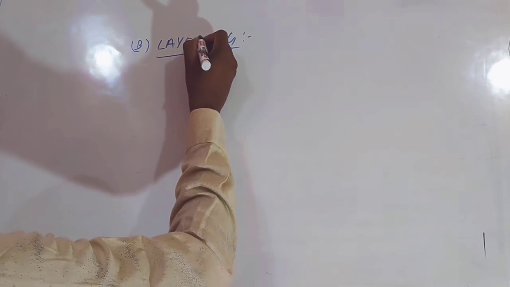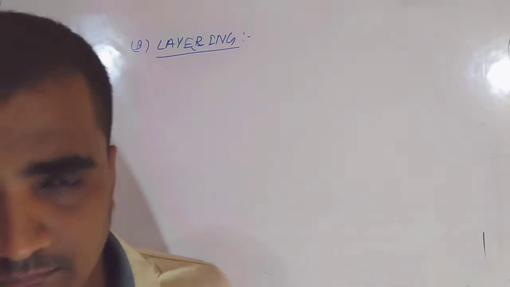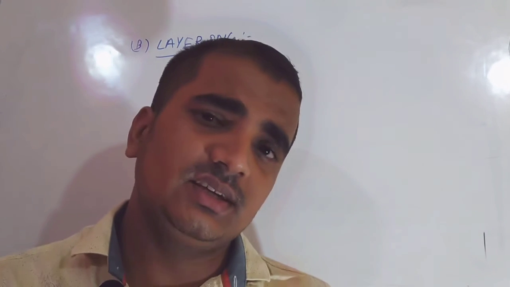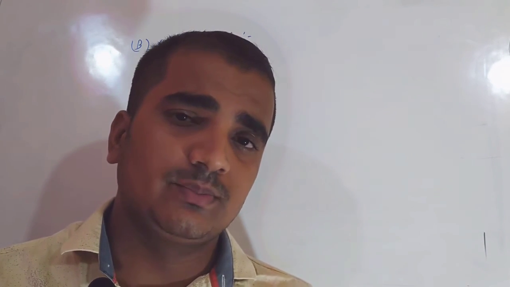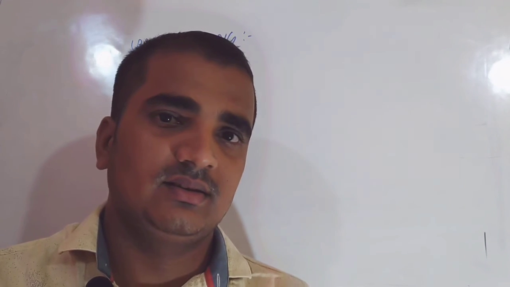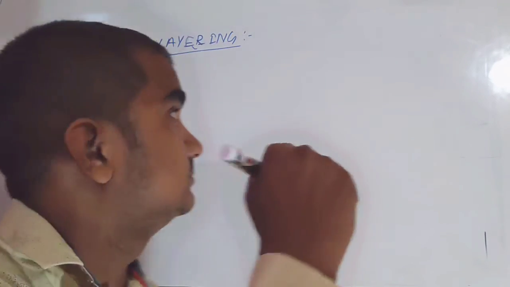So layering is a very important process of vegetative reproduction, in which a root is induced artificially in the stem branch before it detaches from the parent plant for propagation.